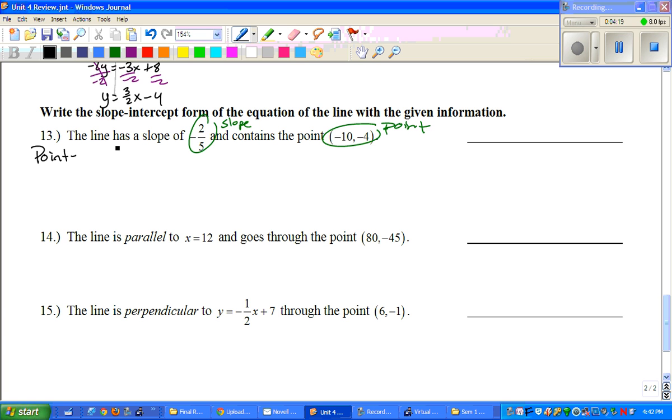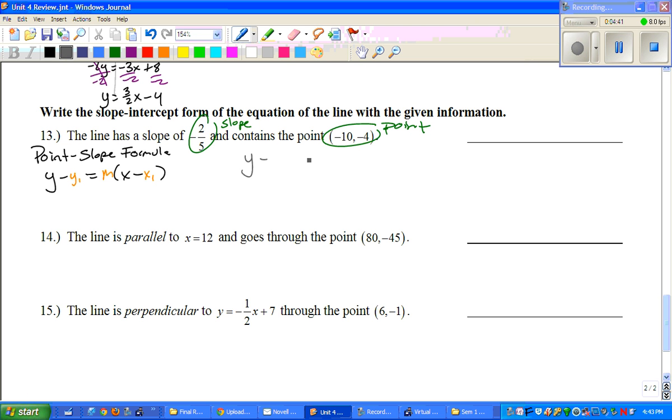Oh, but there is. It's called the point-slope formula. Because they tell you the point and the slope. All we have to do is plug everything in. The slope and then the point. Okay?